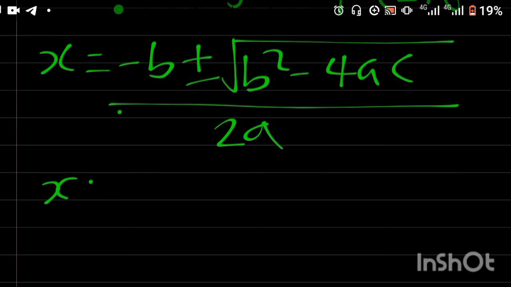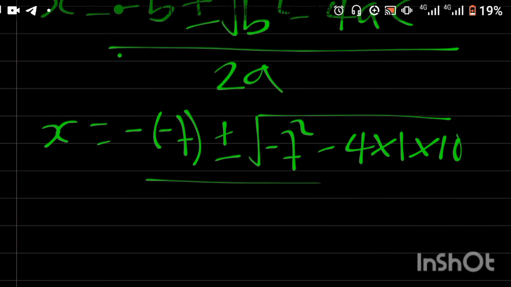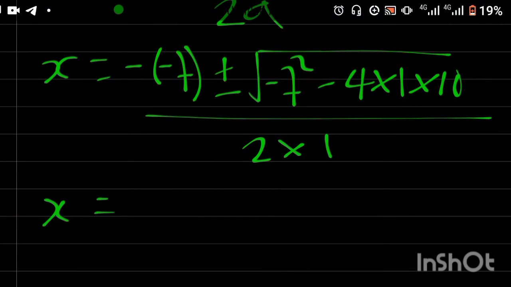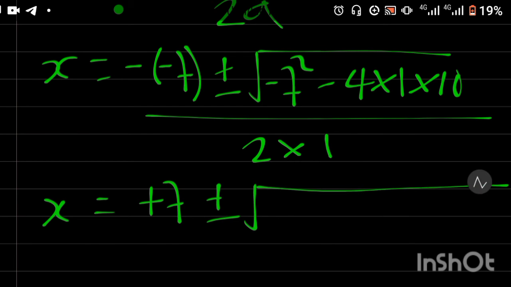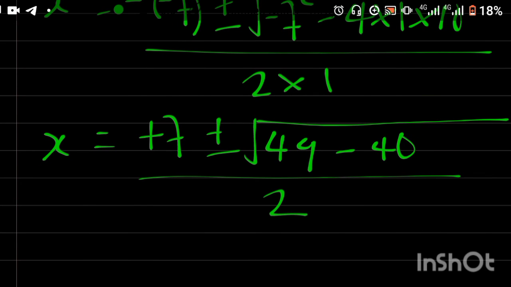So let's substitute. x is equal to minus into bracket minus 7, plus or minus square root of b, which is minus 7 squared, minus 4 times 1 times my c, which is 10, all over 2 times 1. Therefore, I have x is equal to plus 7 plus or minus square root of minus 7 squared is 49, then minus 4 times 10 is 40, all over 2.